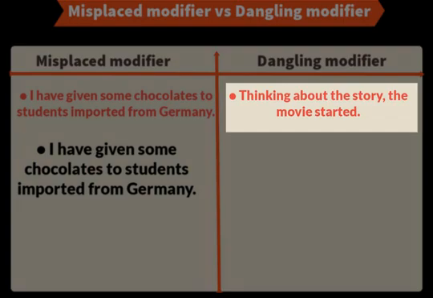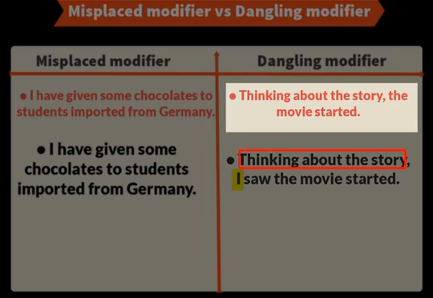We simply cannot correct the sentence by rearranging it or shuffling it, okay? We can correct it in two ways. Number one, we have to infuse the word next to this modifying phrase that it can modify or it intends to modify or wants to modify. So thinking about the story, I started watching the movie. Or thinking about the story, I saw the movie getting started.